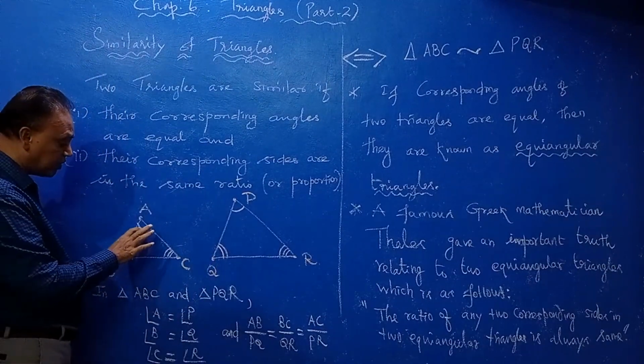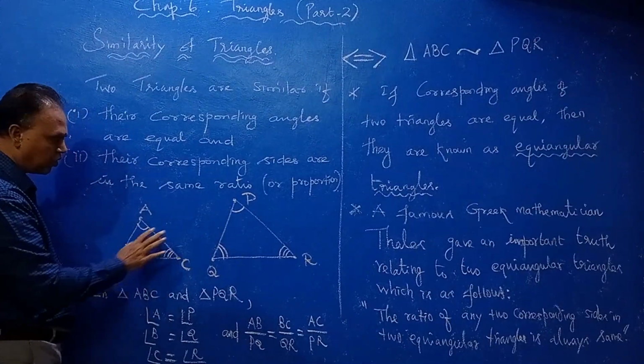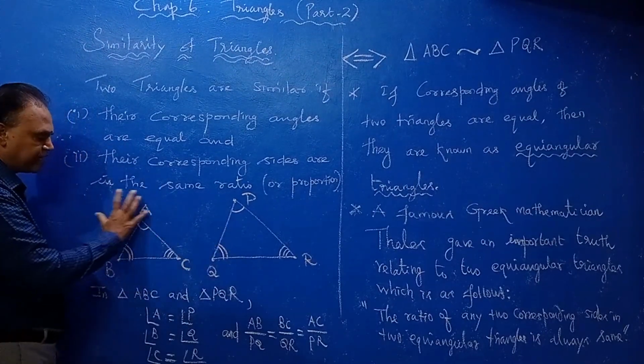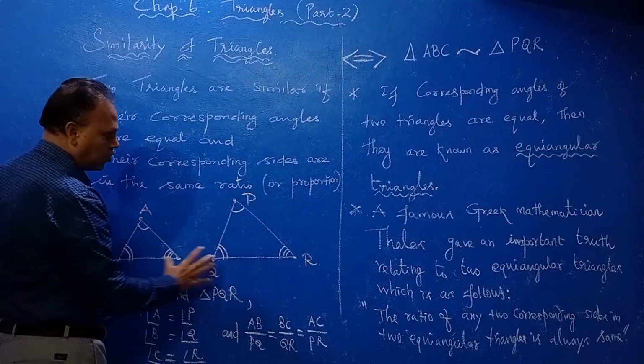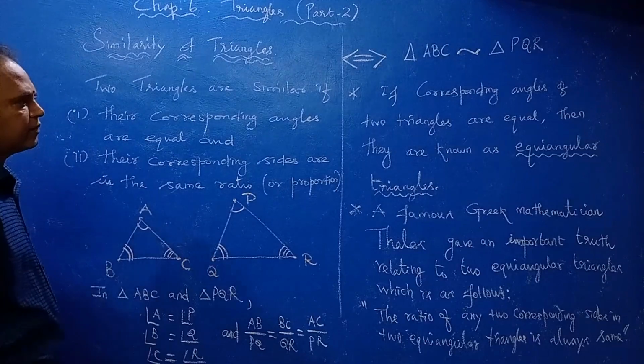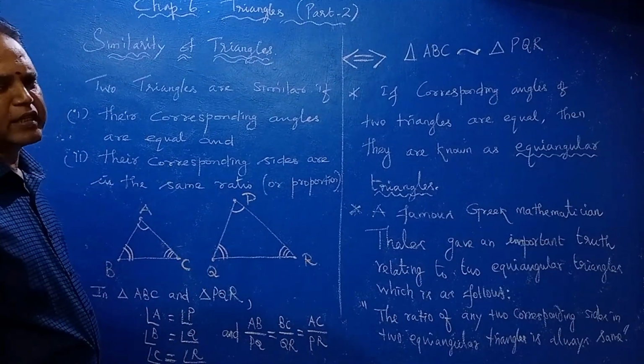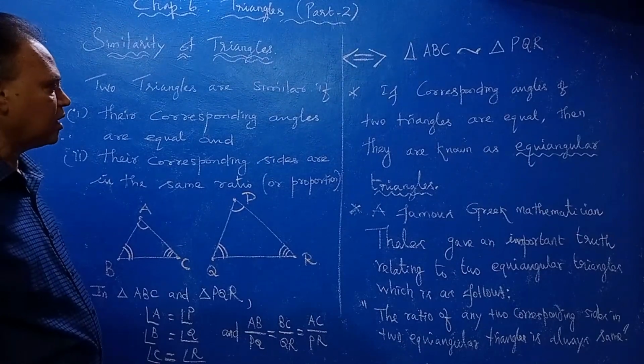That's why if two corresponding angles are equal, we can immediately say these two triangles are called equiangular triangles. Clear? Understand?